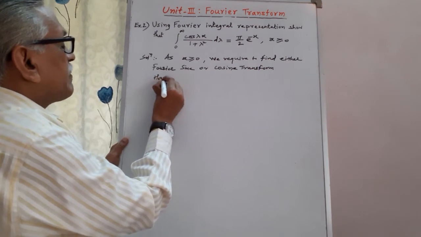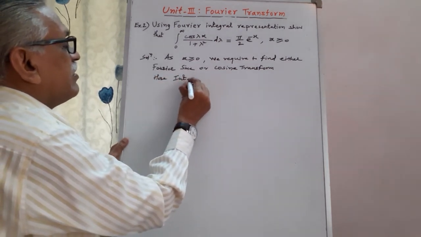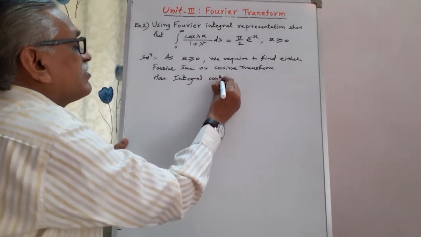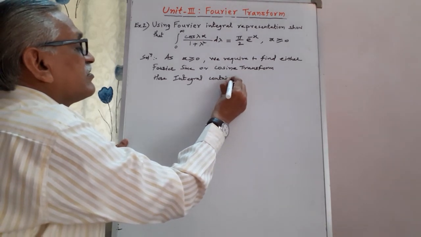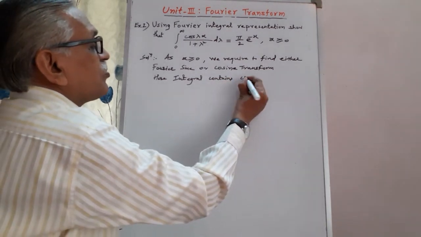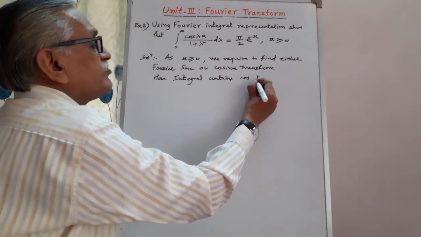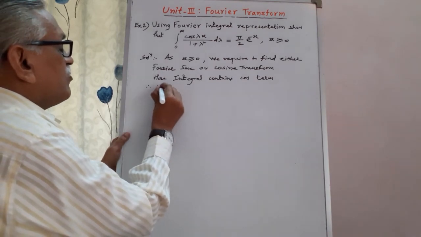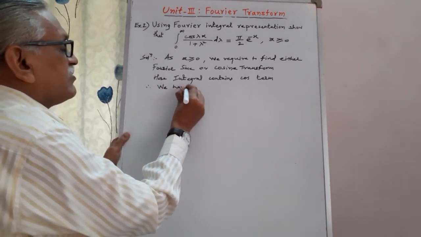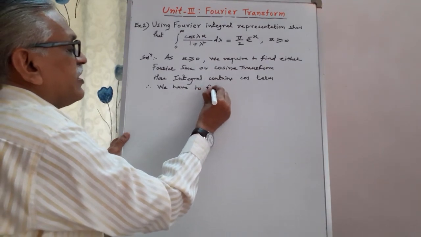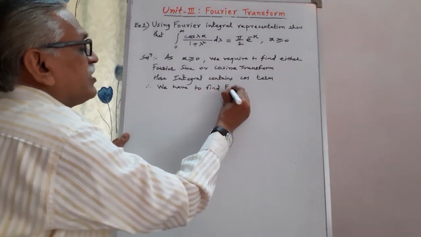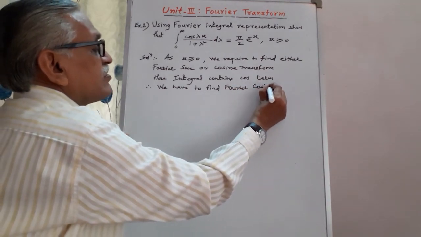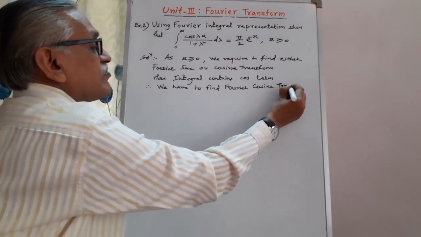Here the integral contains a cosine term, and therefore we have to find the Fourier cosine transform.